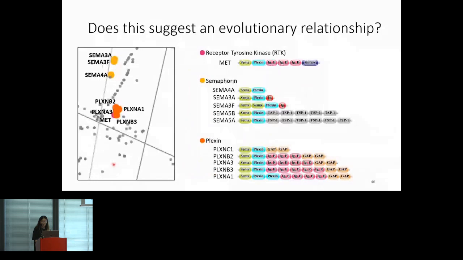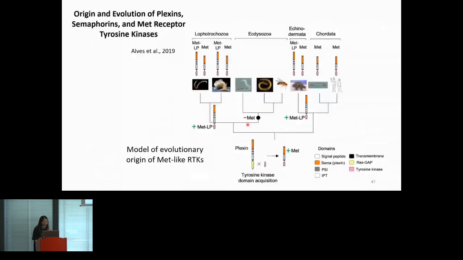And the proximity of MET to the plexins and semaphorins also raises questions about the evolutionary relationship between MET and plexins and semaphorins. A recent comparative study by Alves et al. suggests that MET is the result of a kinase domain being inserted into an ancestral plexin.